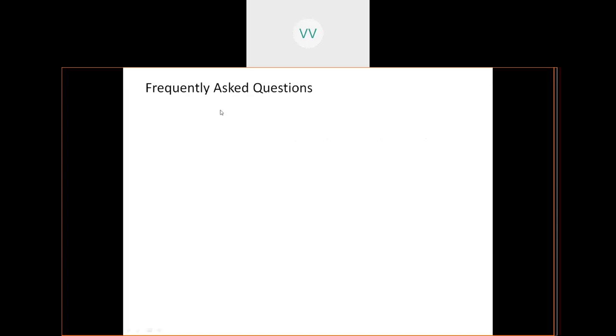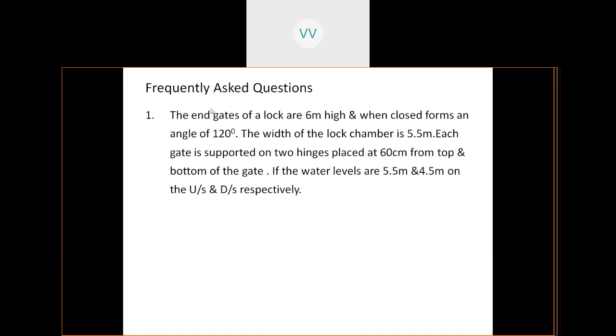Then the frequently asked questions in this area: you may get a problem or you may not get it, but the description is important. So the ends of the log gates are 6 meters and 6 meters by 4.2 meters in the closed form and include an angle of 120 degrees.